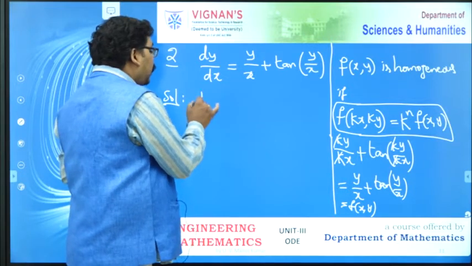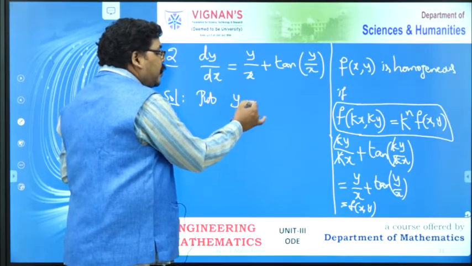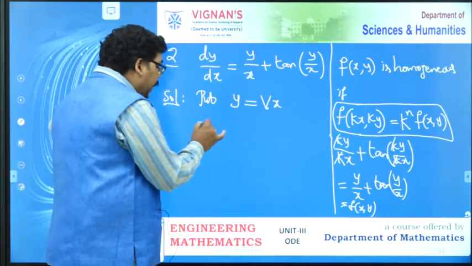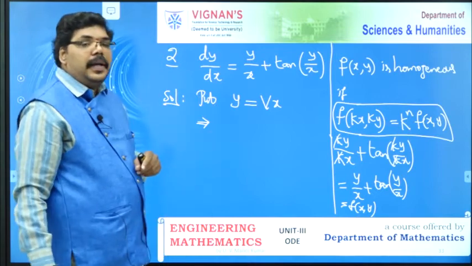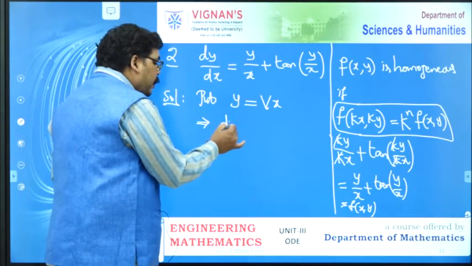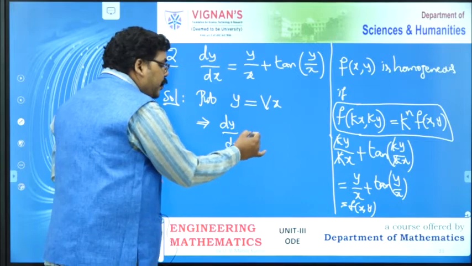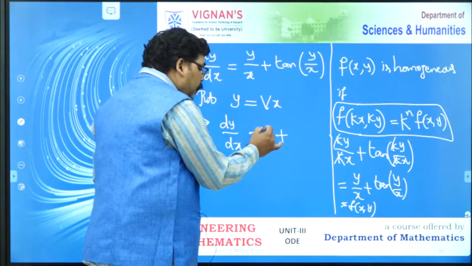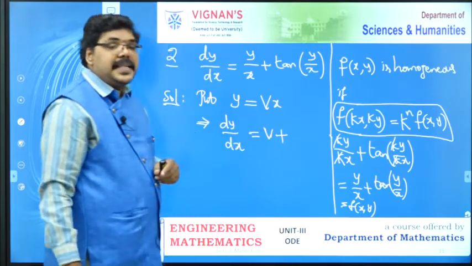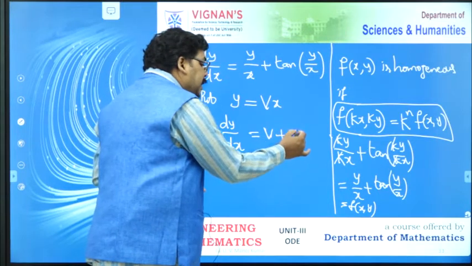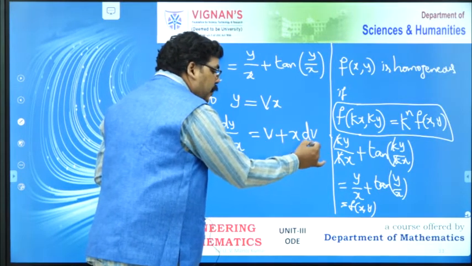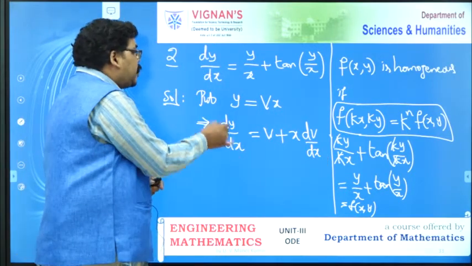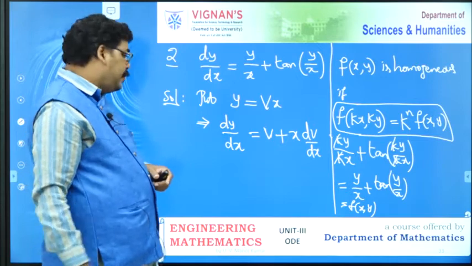So what is the substitution? y equals vx. When I substitute y equals vx and differentiate on both sides, dy by dx becomes v plus x into dv by dx. Substitute these two in the given differential equation.